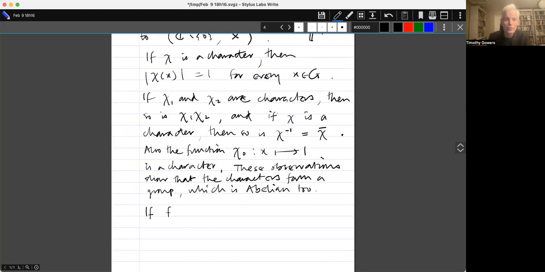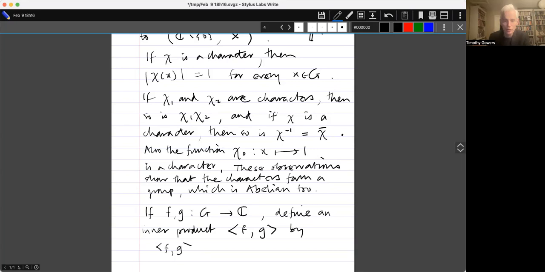If f and g map our group to the complex numbers, we're going to define an inner product as follows.